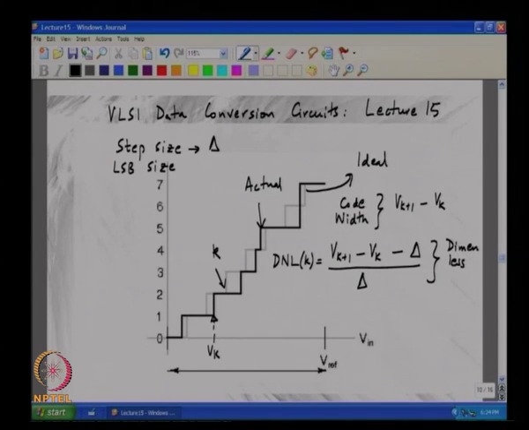And it makes sense to call this differential nonlinearity because the local size of the step is basically telling you how steep or not so steep the characteristic is in that region, isn't it? I mean, imagine you have a staircase and the height of all the steps is the same, but in some places the steps are narrow, whereas in some places the steps are wide.